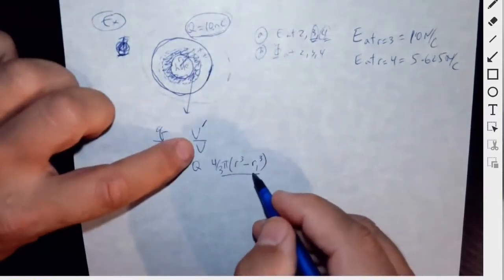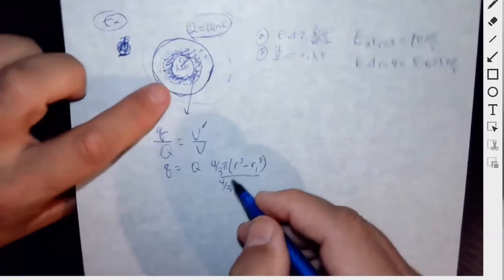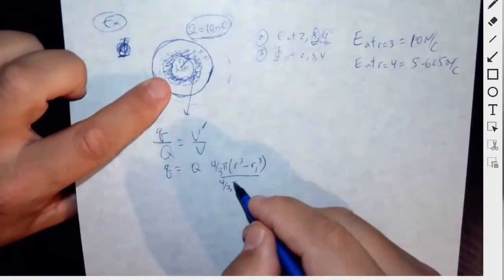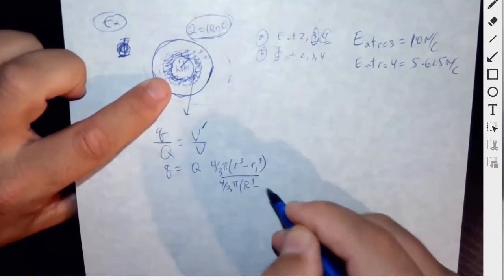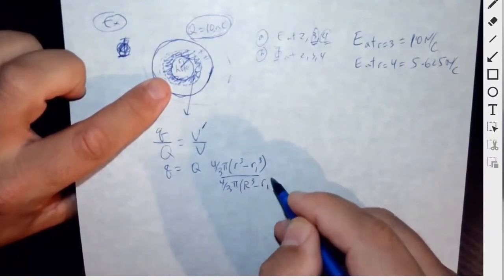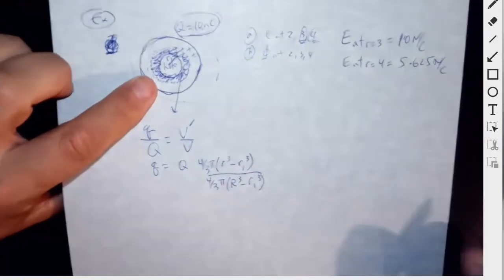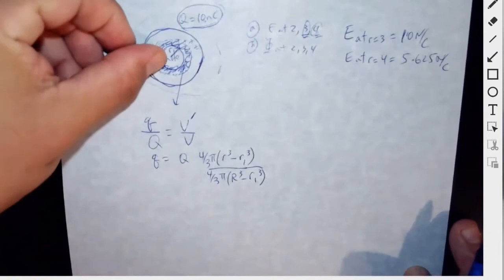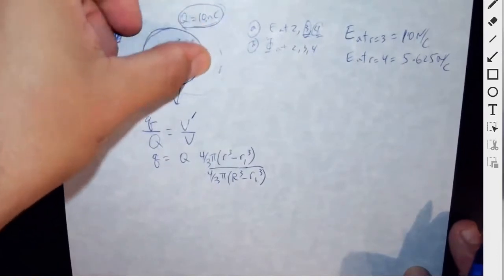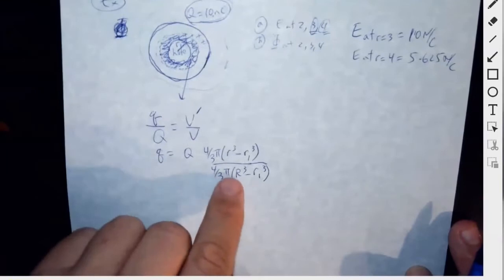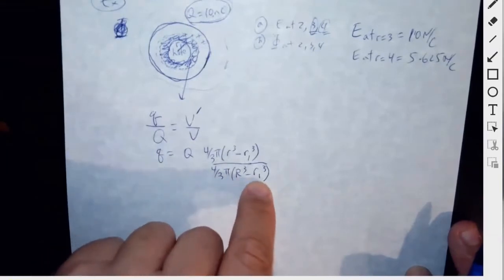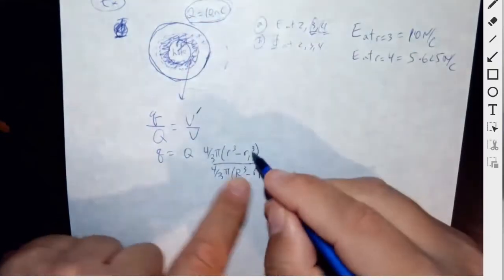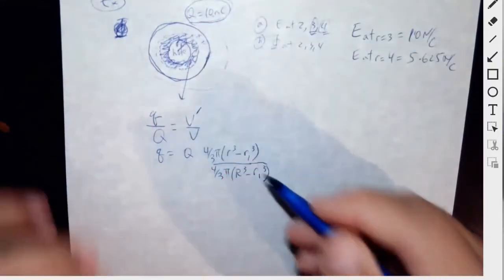Divided by the volume of the whole thing, which is going to be 4/3 pi, the radius of the sphere minus the radius of the hole. You see? So the volume of this whole thing is 4/3 pi r cubed minus r1 cubed, where r1 is the radius of the hole, over 4/3 pi r cubed minus r1 cubed.